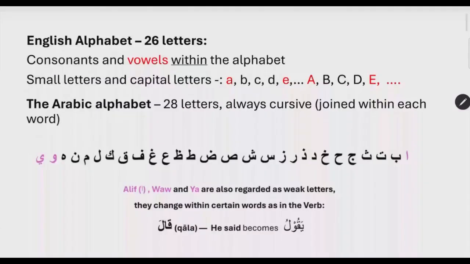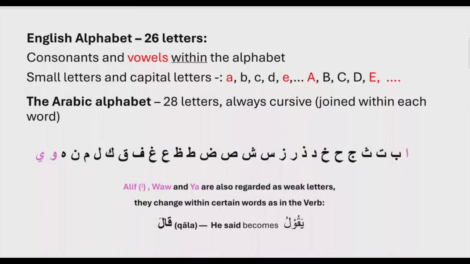We started off with what the English alphabet consists of, which is exactly 26 letters. And these letters consist of both consonants and vowels. In other words, within the alphabet A, B, C, D, the A, E, I, O, U are the vowels, and the remaining ones are consonants. Also, English can be written in small letters as well as capital letters.